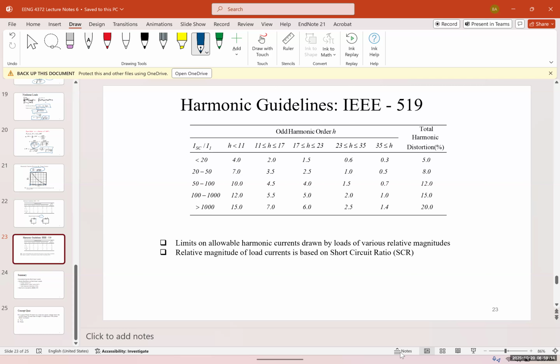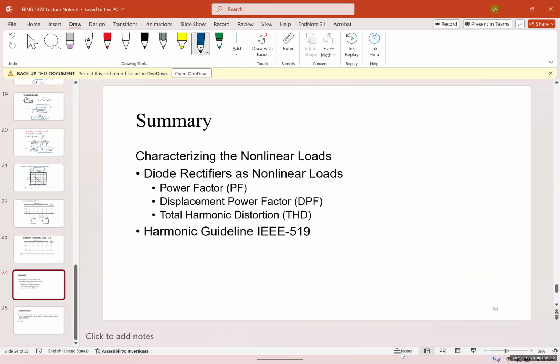And the higher the harmonics that we have, the more the displacement power factor is affected. And as we know, a lower power factor relates to the reactive power, and the higher the reactive power is, you're going to have more waste in the system.